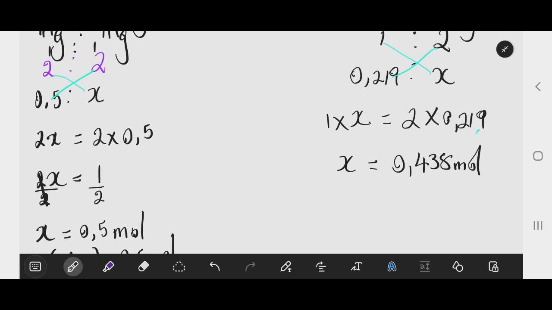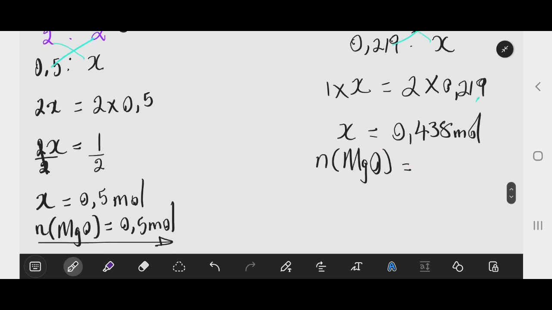So the number of moles of magnesium oxide that we can produce with oxygen is 0.438 moles, right? So that is step number 2.